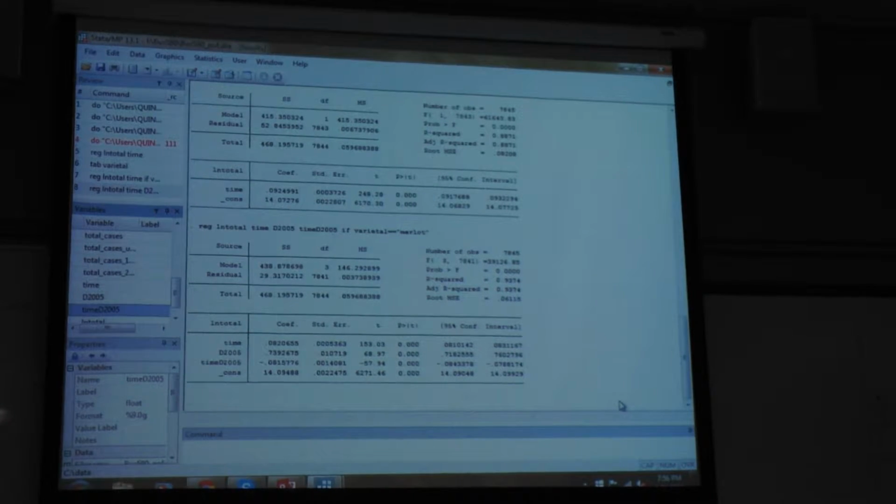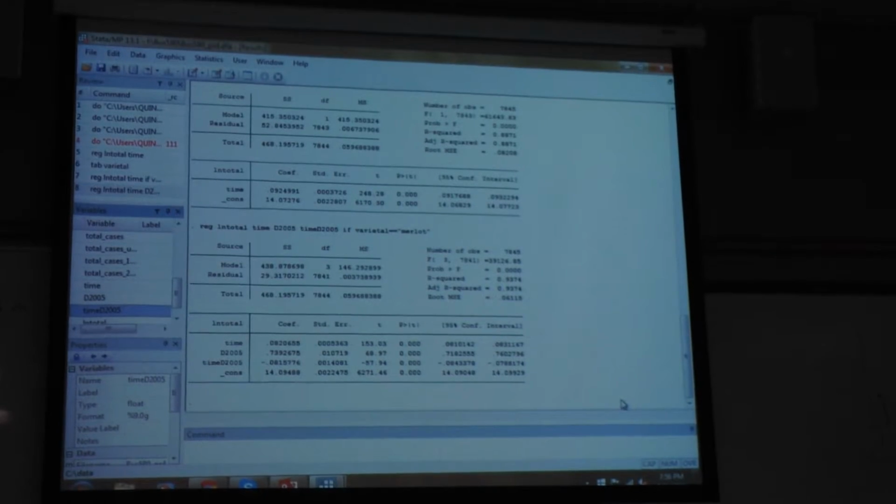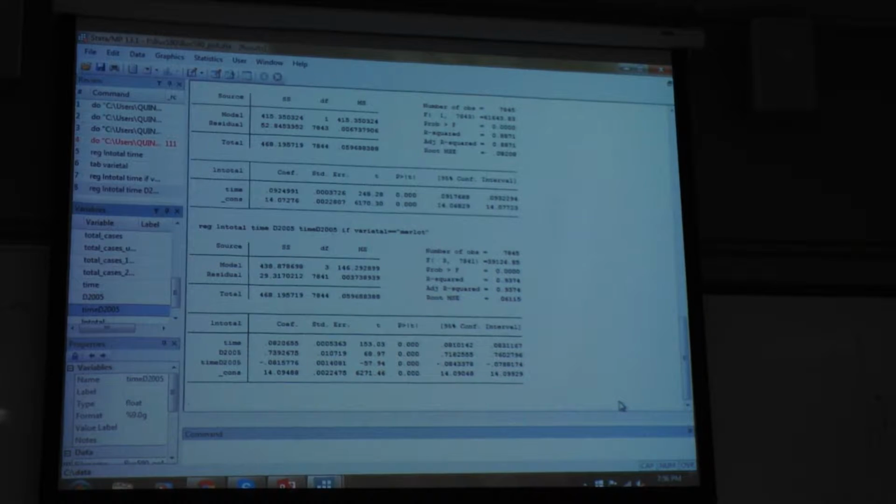So it just makes sense visually. And it makes even more sense when we see what? The coefficient on the interaction term, because that's the difference in the slopes. Now in this case, we had 8% growth before, and it looks like we're getting not 8% growth afterwards. Not negative 8% afterwards.